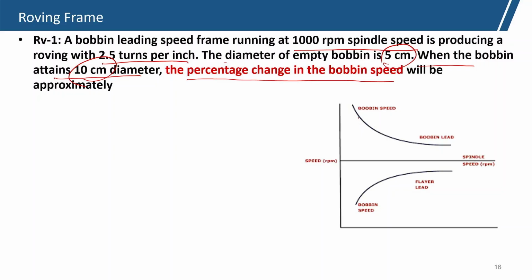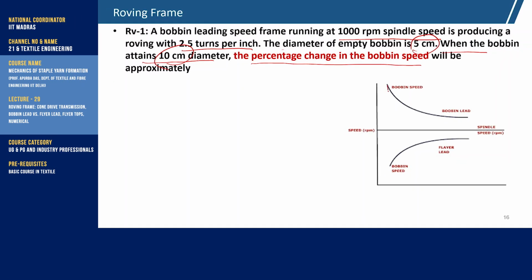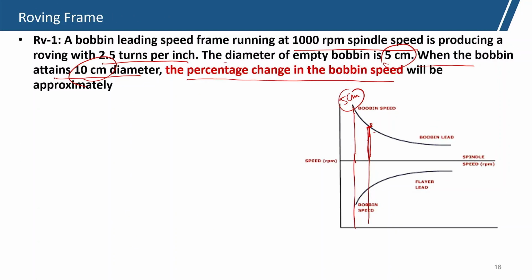Suppose at the initial point the bobbin diameter was 5 centimeter at a certain speed, and here we have reached the speed when it is a 10 centimeter diameter. So, we want to calculate what is the percentage reduction.